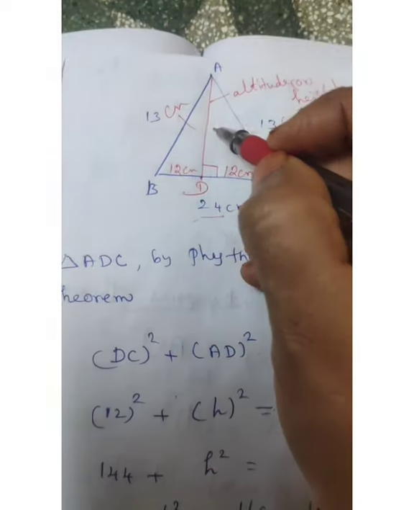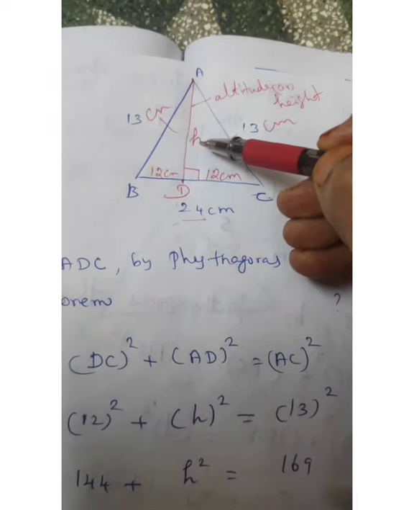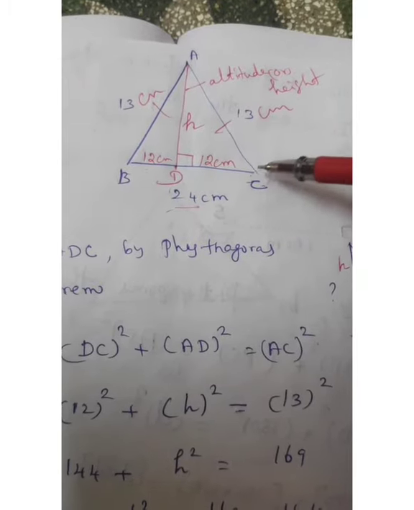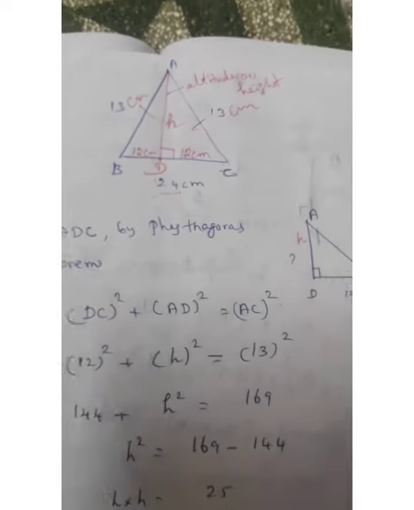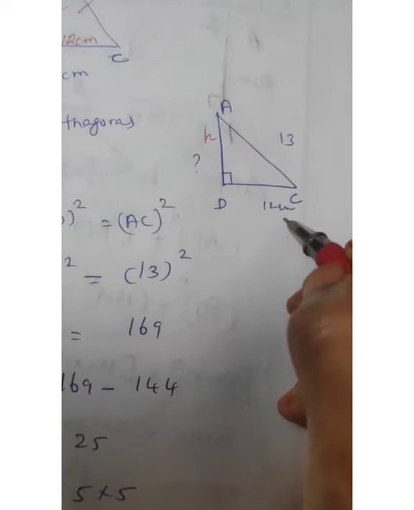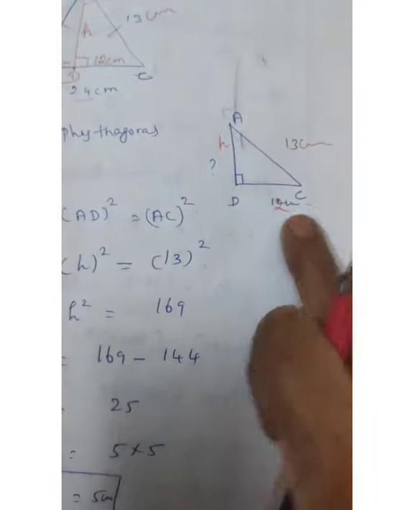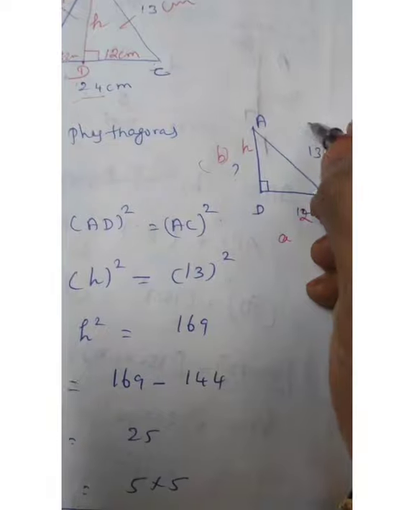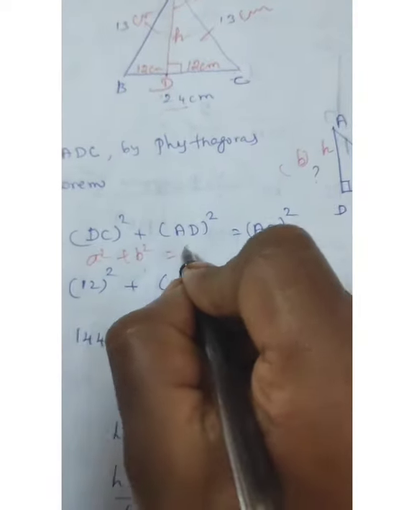Now the height I write as H. AD equals H, DC equals 12 centimeters, AC equals 13 centimeters. Take this one side and do the sum. In a right angle triangle, this is A, this is B, this is C. A squared plus B squared equals C squared.